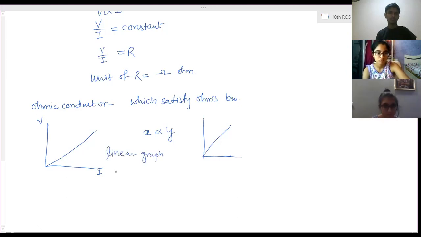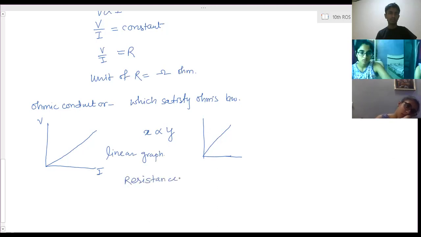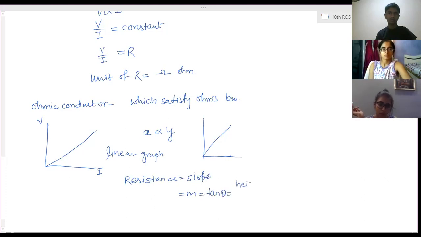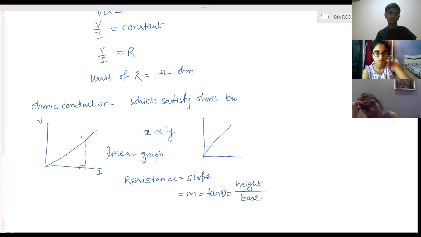From this graph, we can find out the resistance by taking the slope of the graph. Okay, so slope, that is m, is equal to tan theta. That is opposite side height by base. If we draw this perpendicular, then this is A, B, C, and this is theta.